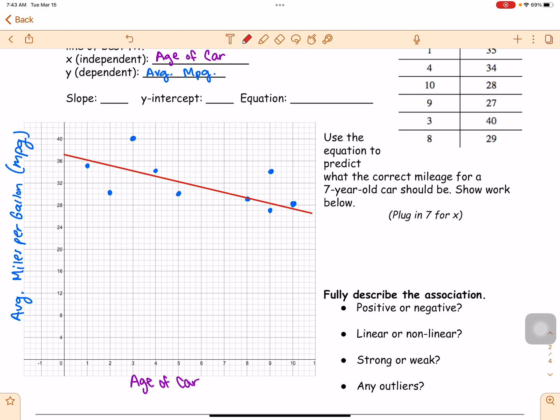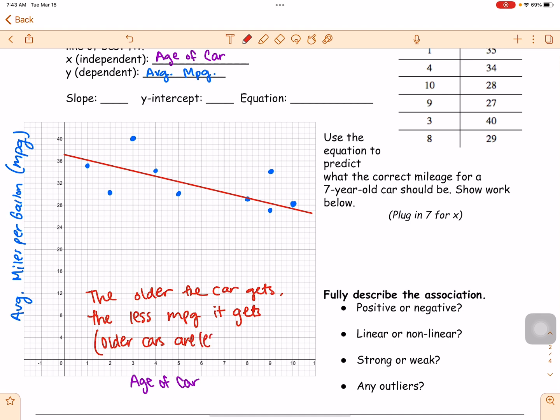So we do see a trend. What this trend is telling us is the older the car gets, the less miles per gallon it gets, which means older cars are less fuel efficient.